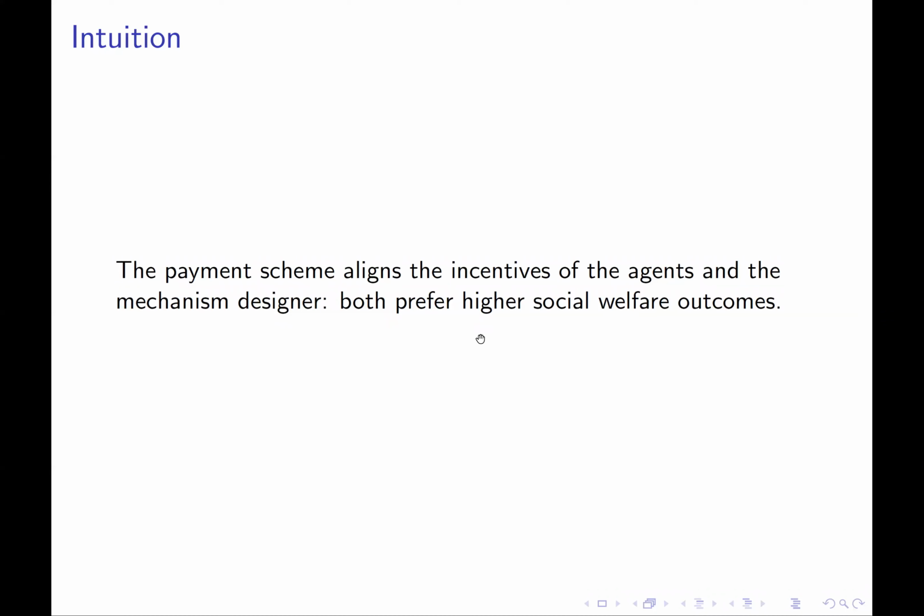The agents now, when they take into account their payments, are getting utility equal to the social welfare. And the mechanism's trying to maximize social welfare. And since the agents are getting utility equal to the social welfare, they also want to maximize social welfare. That's why it gets dominant strategy truthfulness.